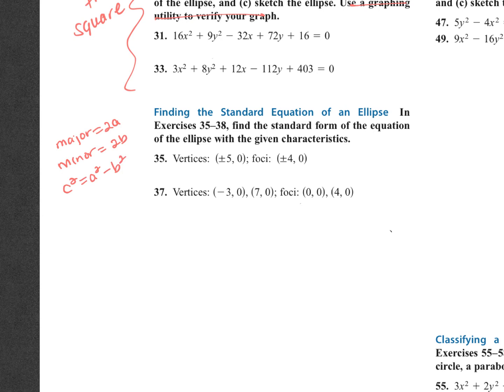So if I gave you the vertices and the foci, you basically can find your center, your a, and your c. If I gave you, let's say, the major axis and the foci, it's the same. You'd have your A, you'd have your C. If I gave you the minor axis and the foci, now you have your B and your C. So make sure that you understand all those different kinds of information. Both of these are vertices and foci, but it could be a mix of all that stuff.